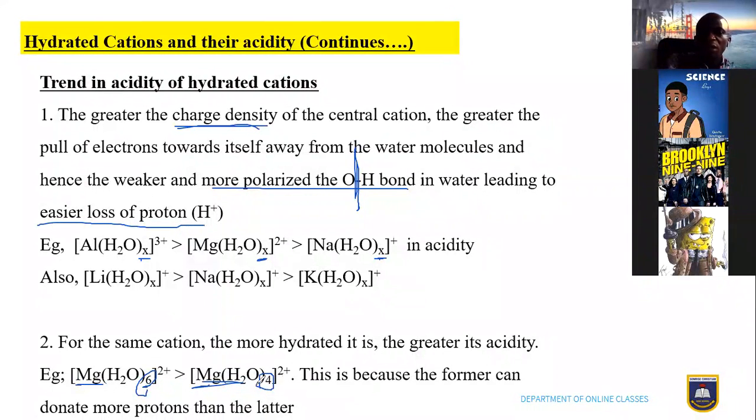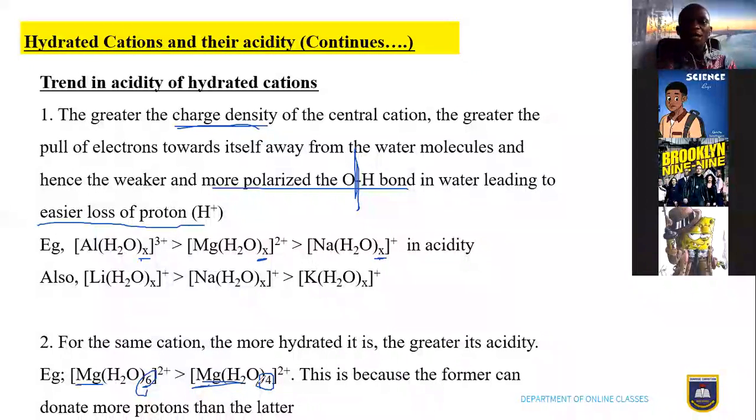Then you are asked to tell which one of them is a stronger acid, according to Bronsted-Lowry, than the other. And I'm telling you that the one that has more water molecules surrounding it is the stronger acid. The more hydrated the cation is, if they are the same, the one that is more hydrated is the one that has a greater acidity. Why?